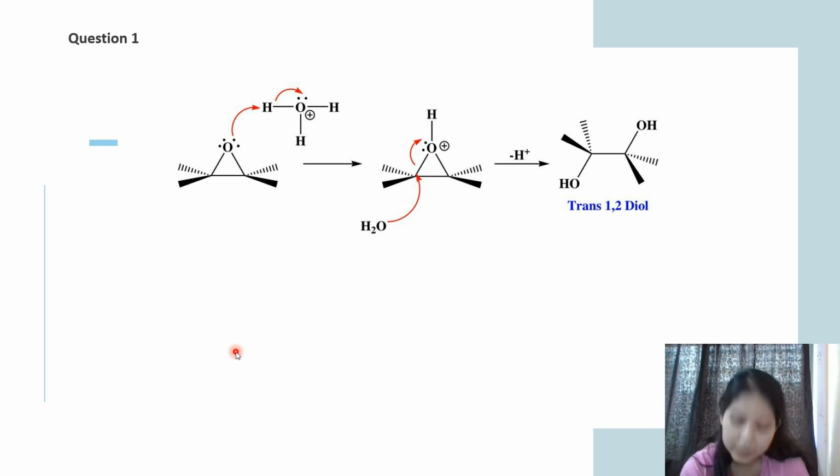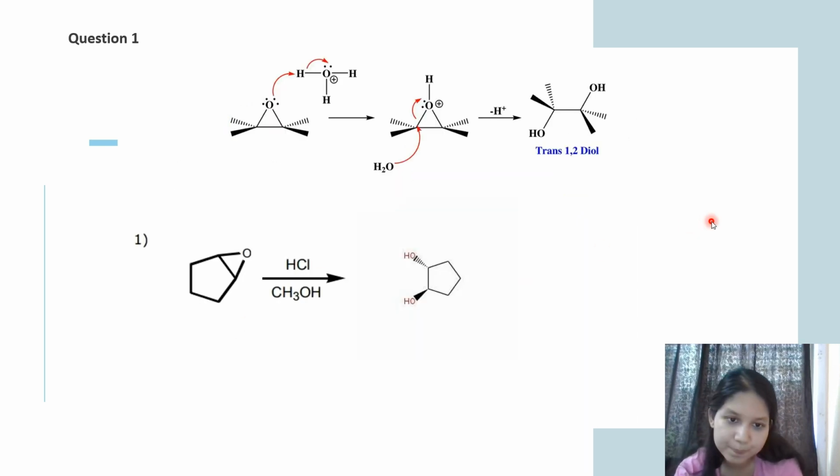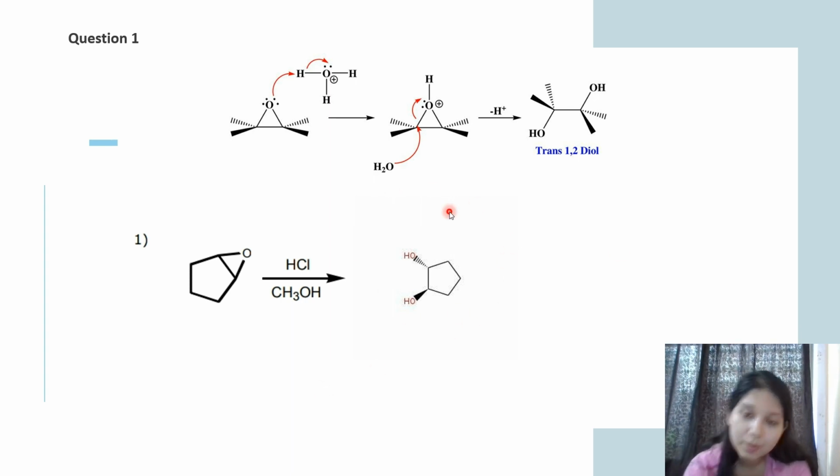Okay, how an epoxide ring is opened up when it is treated with acidic medium, and we saw that as a final product you get a trans 1,2-diol. Okay, so this was the product. Why it was trans, that also we discussed. The justification was coming from the molecular orbitals involved in the donation.